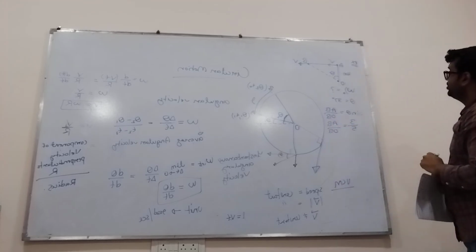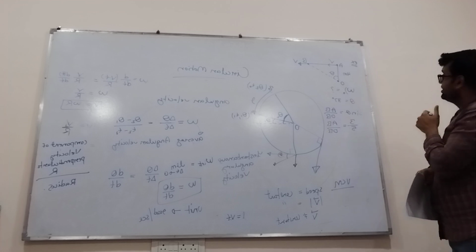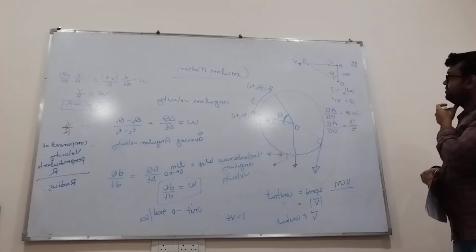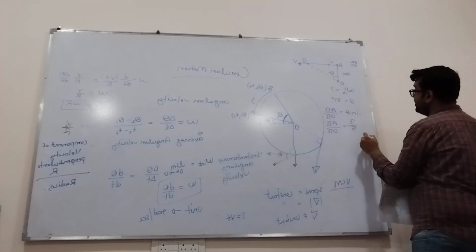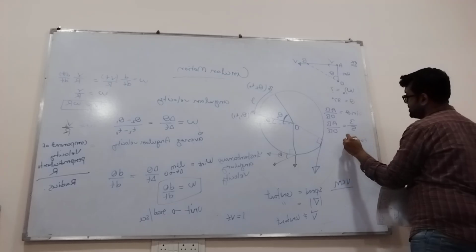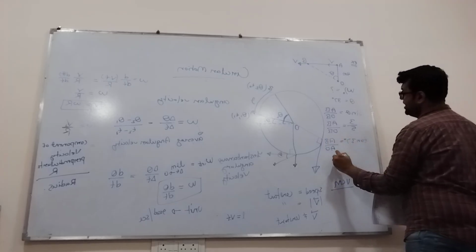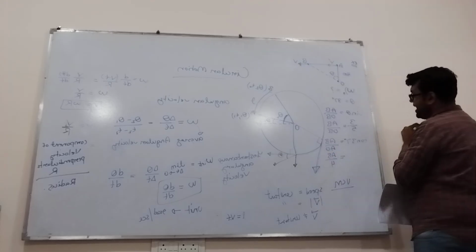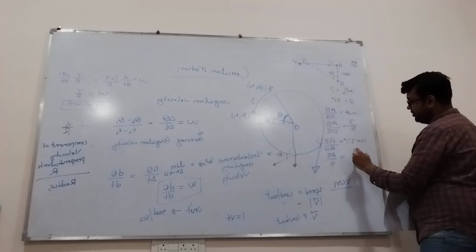So for that, what can we do? We can also apply the tan theta. Tan theta directly we will get the AB. So tan theta is AB upon AO. AO we know that is 4, and tan 37 degree will be nothing but 3 by 4.